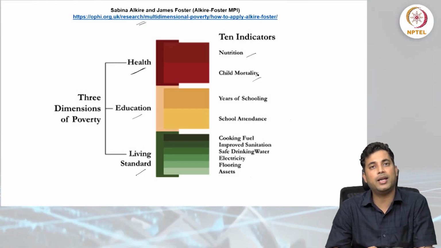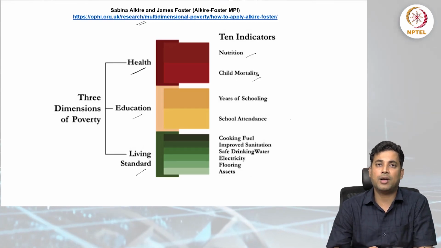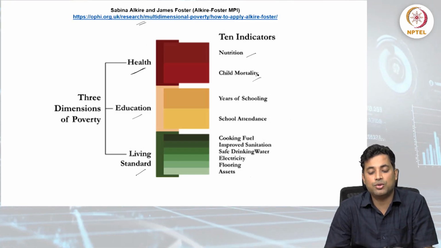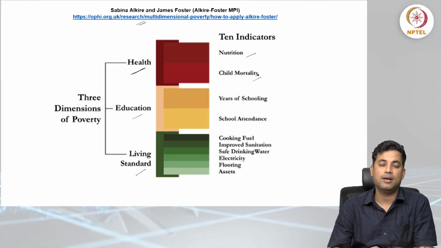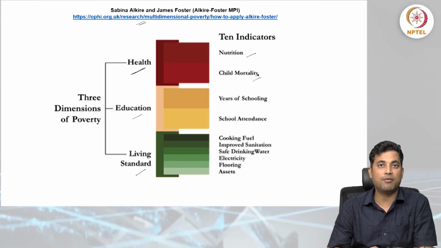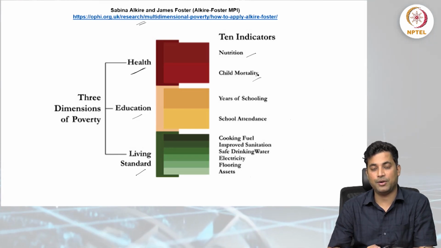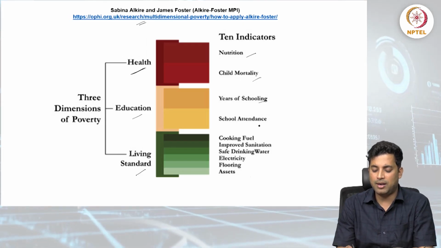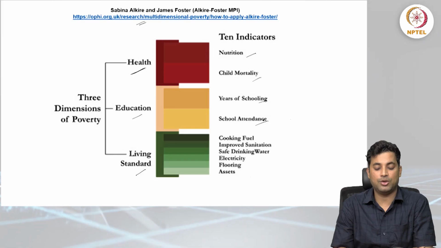We can also see that India has adopted this, and NITI Aayog is trying to calculate MPI to understand multidimensional poverty in the context of India. In education, years of schooling and school attendance are taken into account.